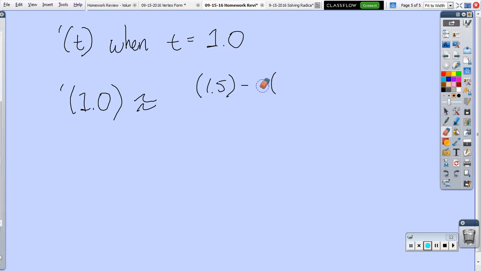Sorry to make you guys erase if you wrote f. Do forgive. S of 1.5 minus s of 0.5, all over 1. Wait, why are you doing that?